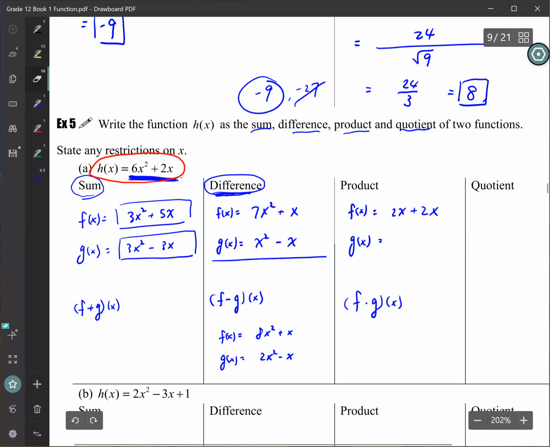Hmm? I can't hear you, Samantha. Is that what you mean, 2x plus 2x for the f? Mhm. Yes or no? Yes. Yes, okay, then we can just simplify into 4x, right? Is that what you mean?